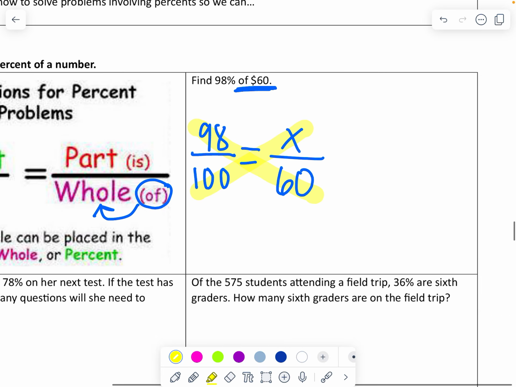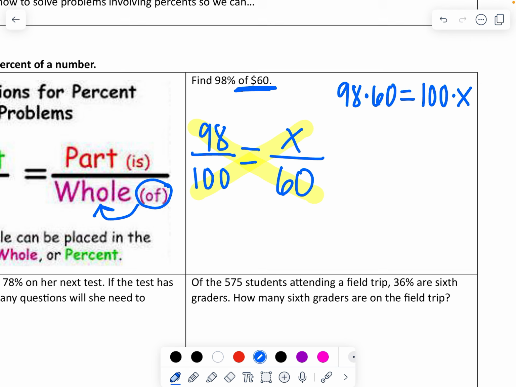So we're going to do 98 times 60, because they're diagonal from each other. And we have equals, because they equal each other. And then the other two things that are diagonal from each other are the 100 and the x. So we're going to have 100 times x. So all we did was set up an equation with 98 times 60 and 100 times x.